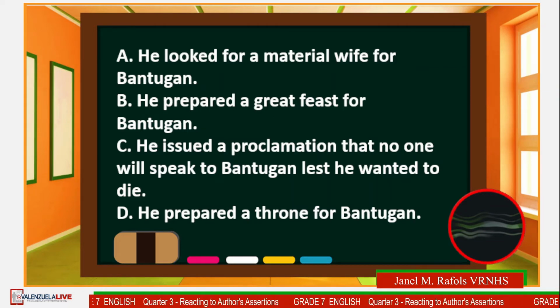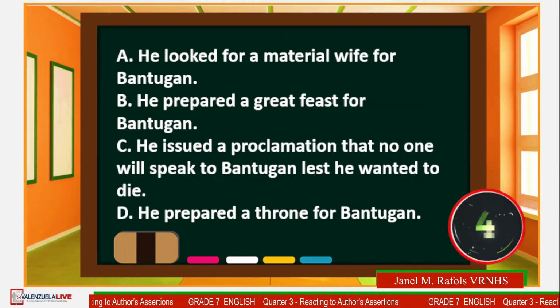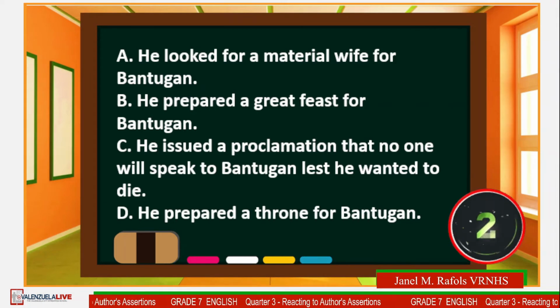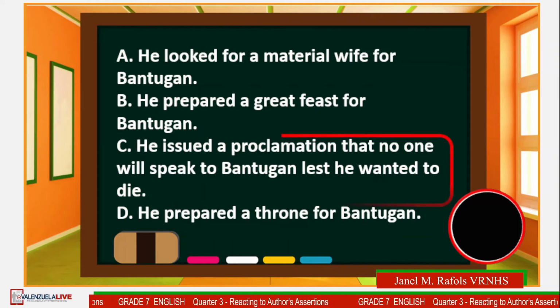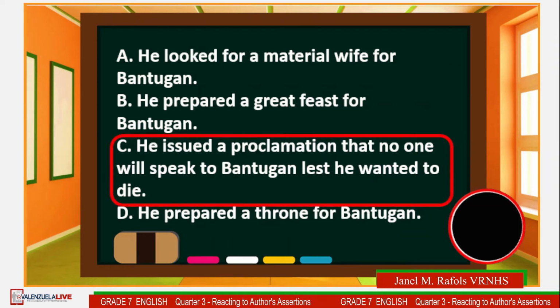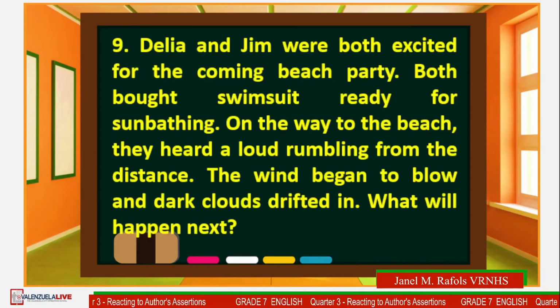C. He issued a proclamation that no one will speak to Bantugan lest he wanted to die. Or D. He prepared a throne for Bantugan. The prediction for number 8 is C. He issued a proclamation that no one will speak to Bantugan lest he wanted to die.